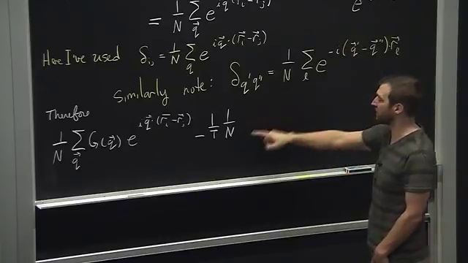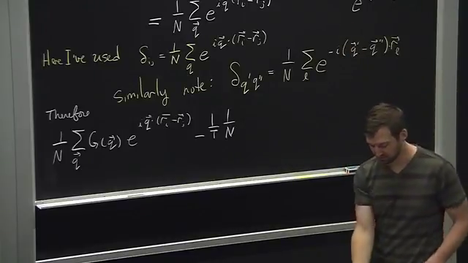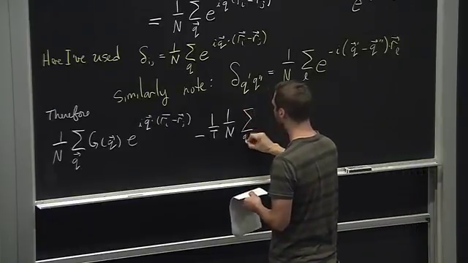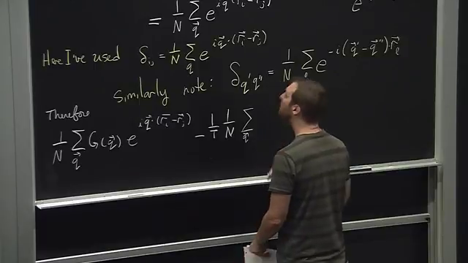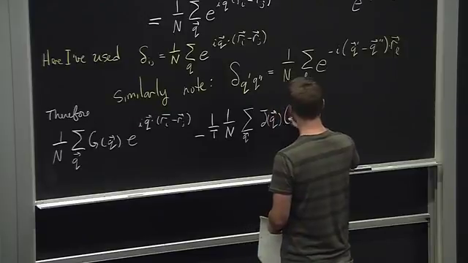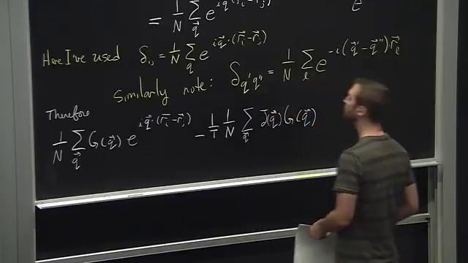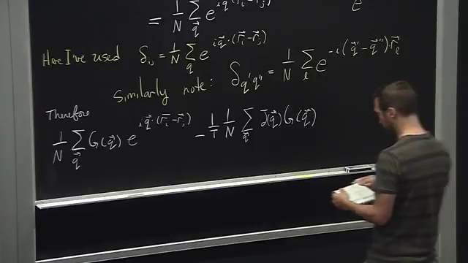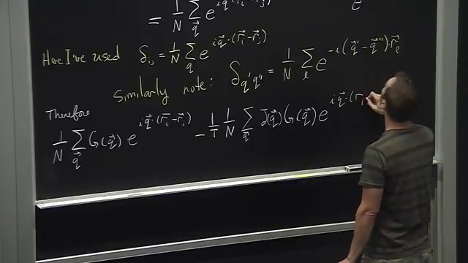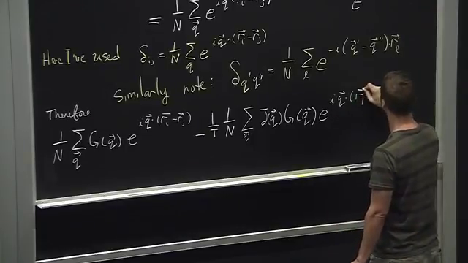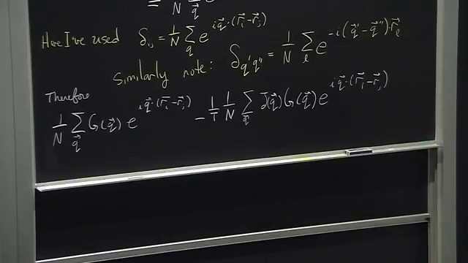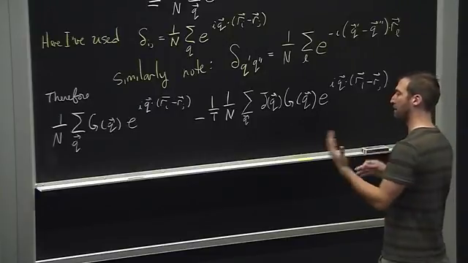Okay, so when I use the delta function there, I'll have one n left, and let's just use Q, because now these are all separate sums. Yep. And then I'll have J and G. And then I should have the same e to the i q dot Ri minus Rj. And then just the delta function on the right-hand side.